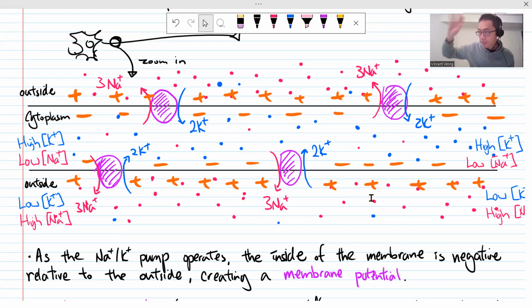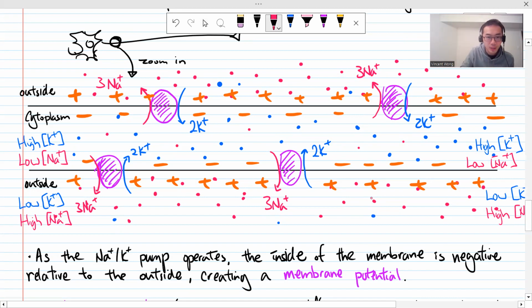Now, for the rest of the class, look at this picture. Do you see a lot of red dots outside? All these red dots are sodium, and we don't have a lot of red dots inside. As I told you, the sodium wants to come in. How come they cannot come in? They cannot come in because the doors are closed.